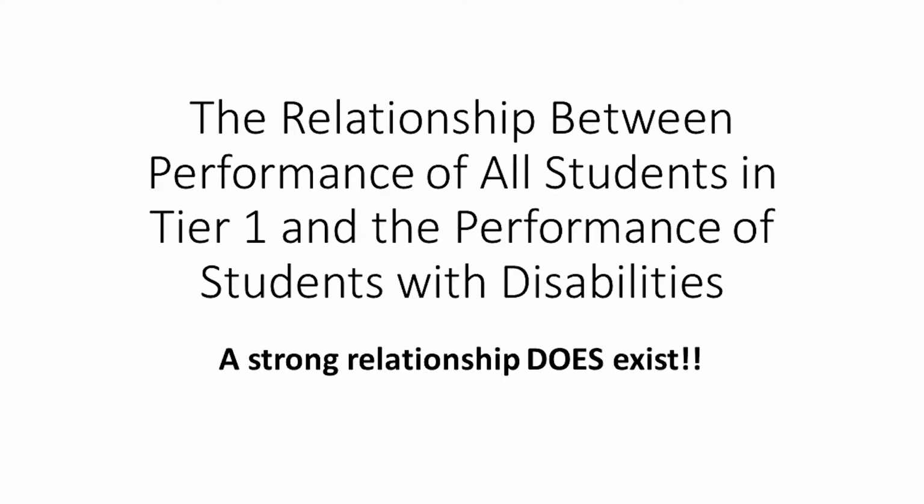But their proportion is small enough to allow the school to look good. So if your kid is an EL, or in poverty, or a kid with a disability, you don't reap the benefits of that high level of school performance. So we have to fix Tier 1 first.